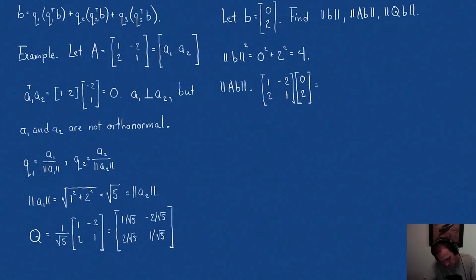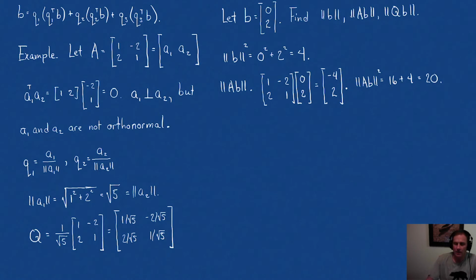Well, that's going to give us (-4, 2). And so the length of A times b squared is negative 4 squared, that's 16, plus 2 squared, that's 4. So the length of Ab squared is 20, or you could say that the length of Ab is the square root of 20.